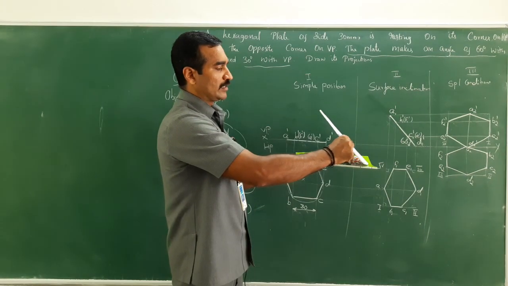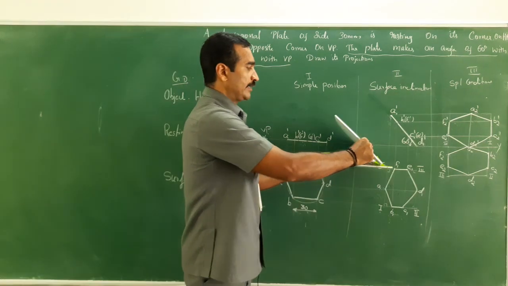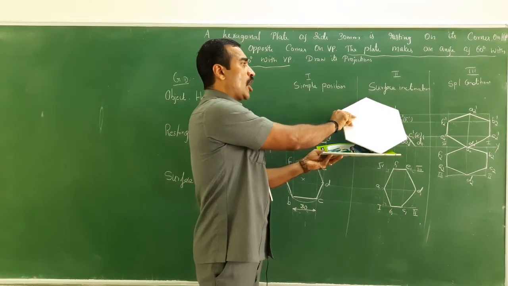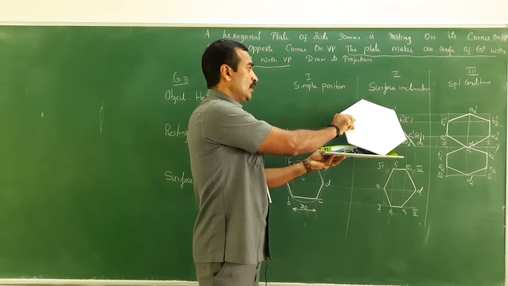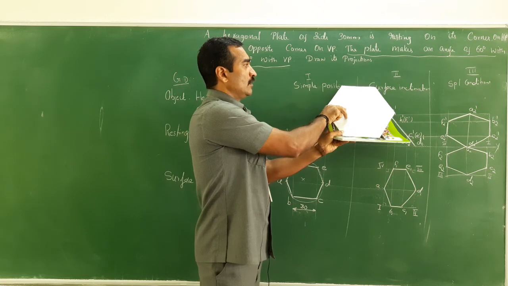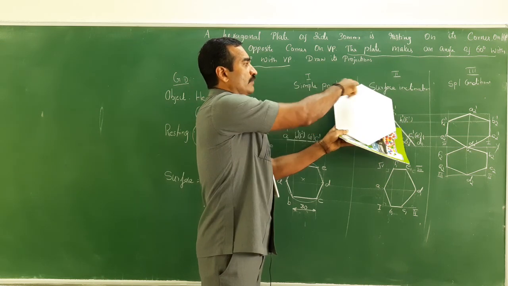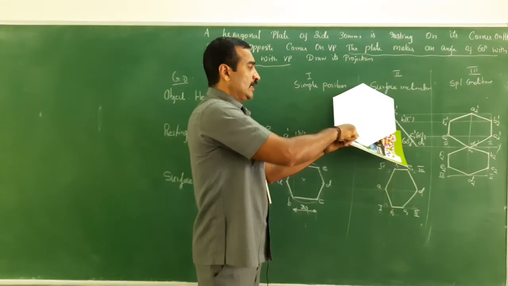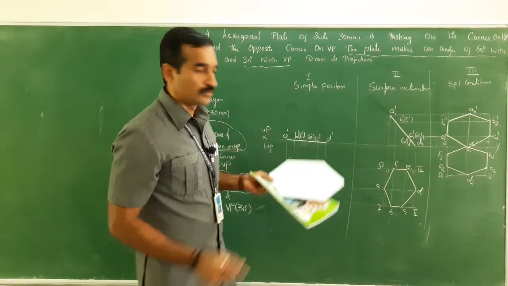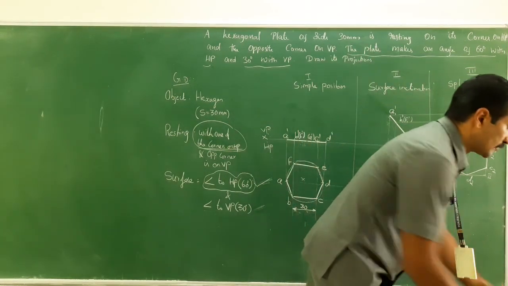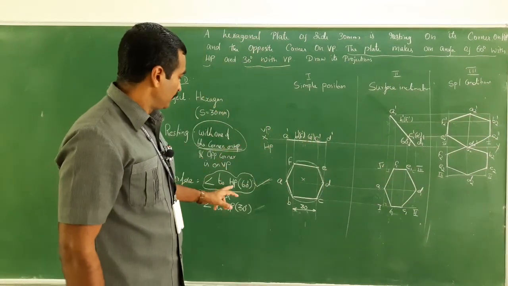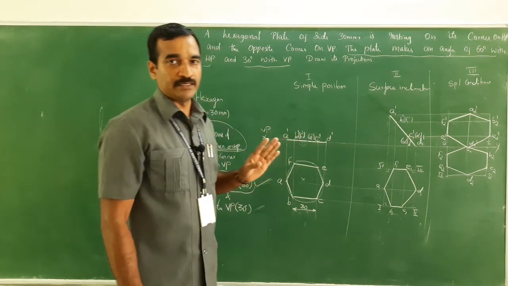Later it has been tilted 60 degrees. Then the opposite corner has been kept on the VP. Now this corner is making an angle with VP, that is 30 degrees, and this corner is making 60 degrees. So ultimately the surface with VP 30 degrees and with HP 60 degrees is obtained here.